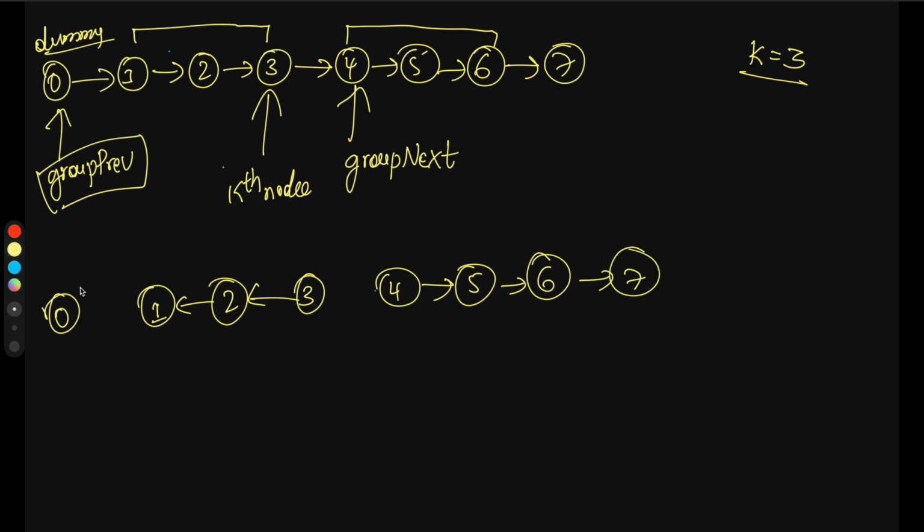Once we reverse these links, we have to connect 0 here and then this node will be connected to here. So this is the only thing that we have to understand in order to solve this problem. We are going to do some pointer manipulations. We will keep this diagram for reference while implementing the solution.